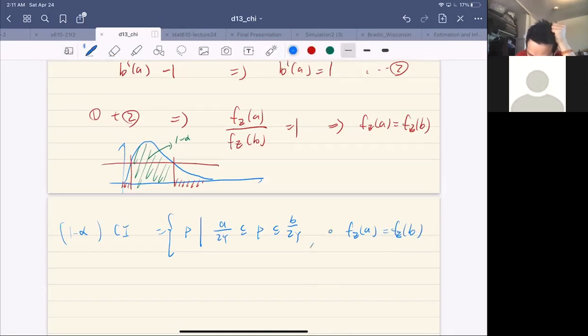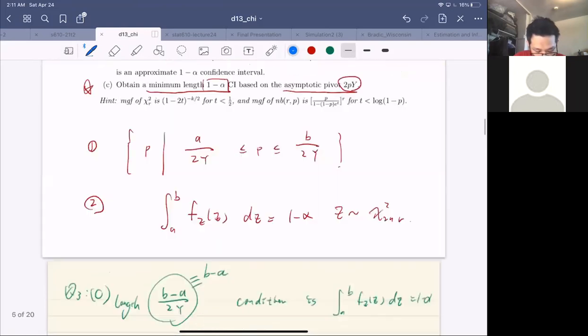And also the other condition is the integral from A to B should be 1 minus alpha. Okay. So I think that's question 3.